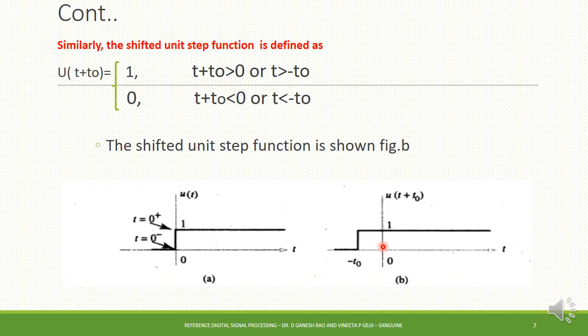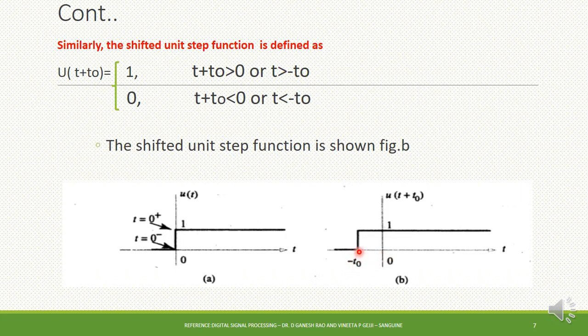The same thing you can see here. Your function is u of t plus t0, whereas this is your t. So u of t plus t0 is equal to 1 when t plus t0 is greater than 0, or you can say that t is greater than minus t0. So the minus t0 should come here.